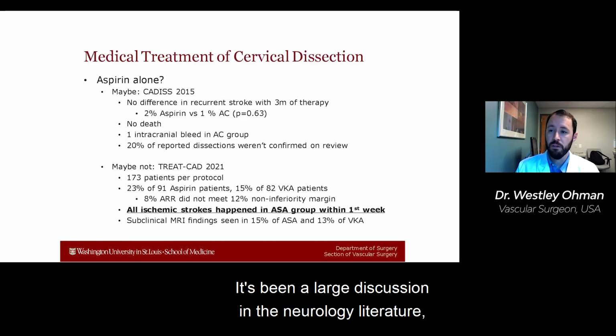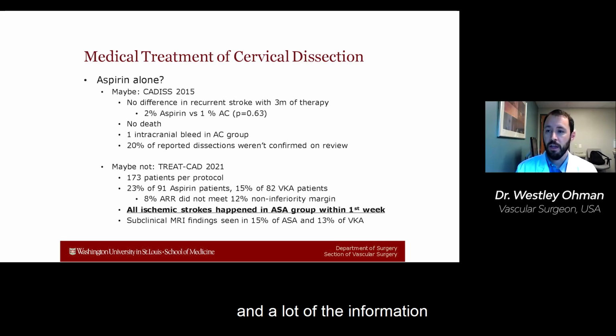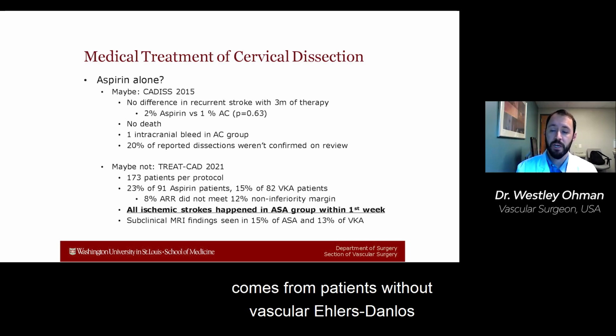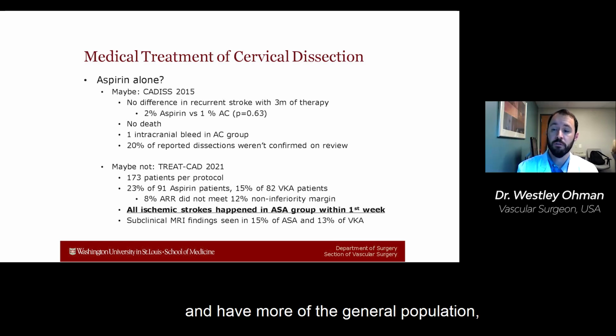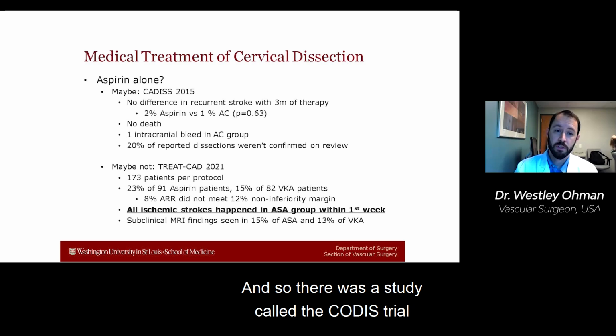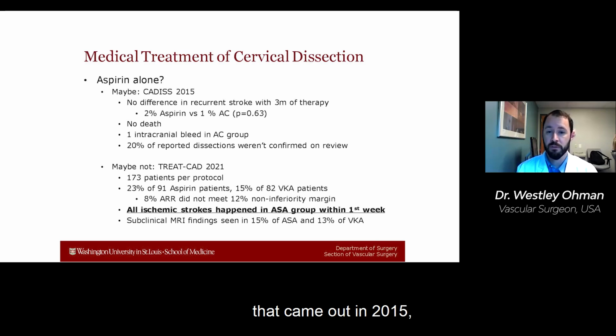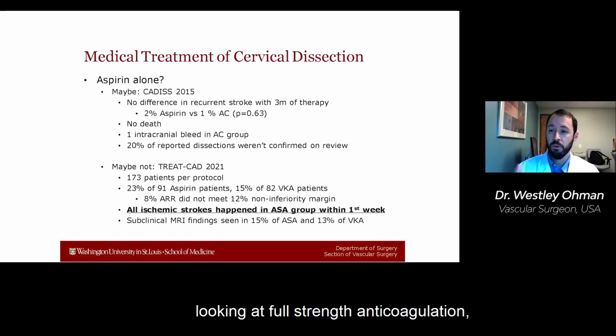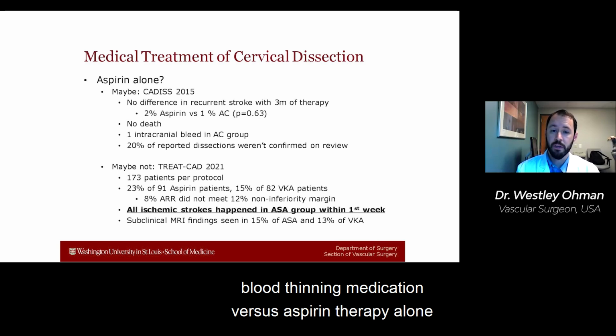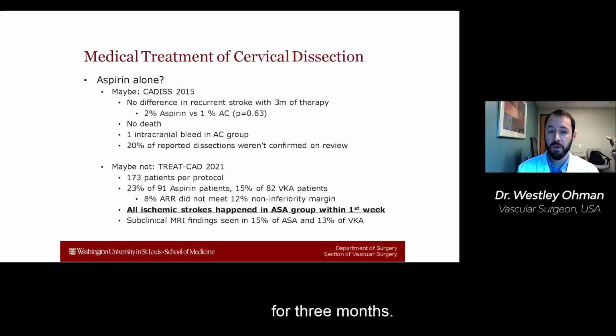It's been a large discussion in the neurology literature, and a lot of the information comes from patients without vascular Ehlers-Danlos, more of the general population, but we do extrapolate the data from that. There was a study called the CADISS trial that came out in 2015, looking at full-strength anticoagulation and blood thinning medication versus aspirin therapy alone for 3 months.